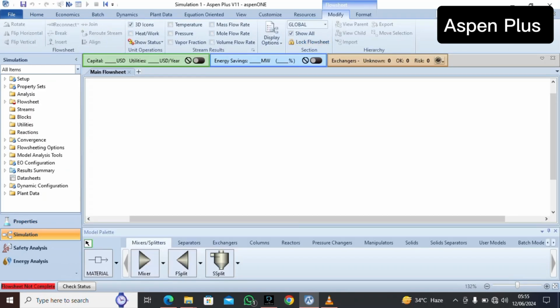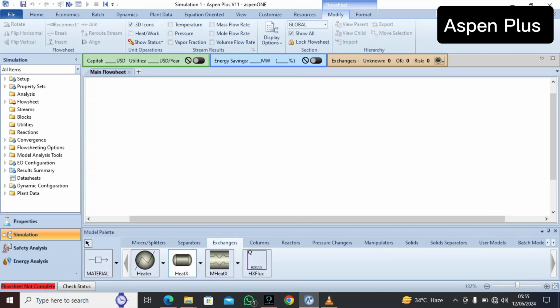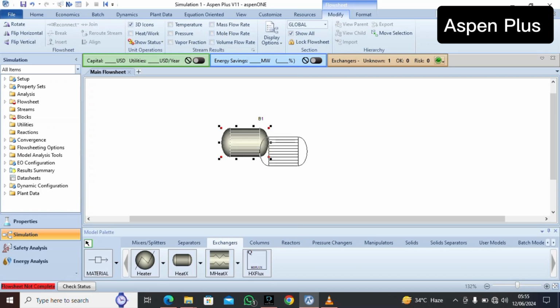We are taking the example of a heat exchanger. So here we take a heat exchanger, resize it. We do this quickly, giving it the material streams.